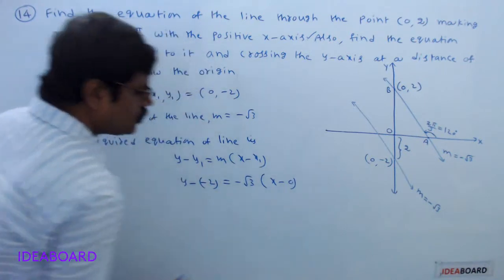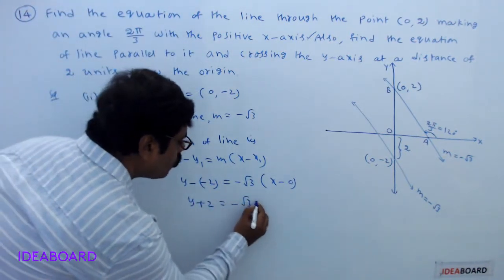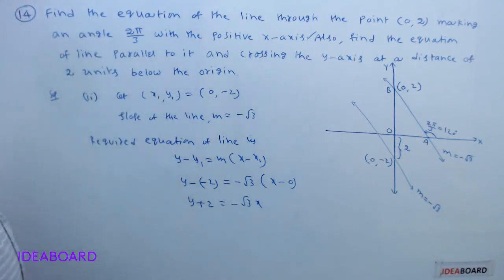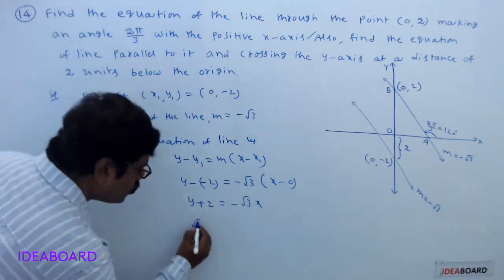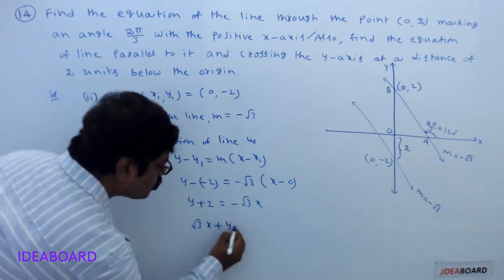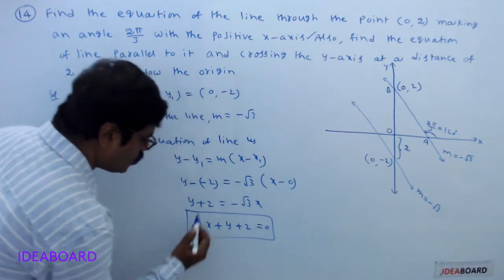The x1 value is 0. So y plus 2 equals minus root 3 into x. Bring this term from RHS to LHS. So root 3 into x plus y plus 2 equals 0.